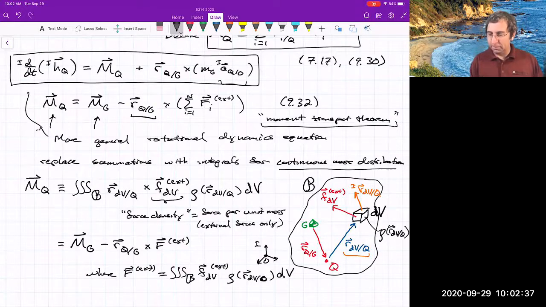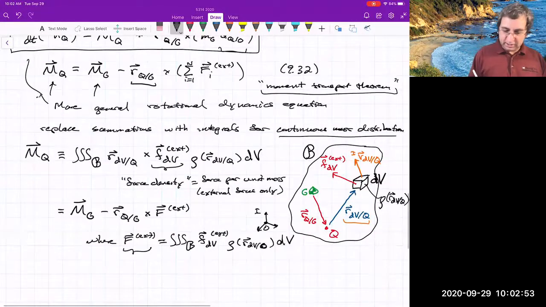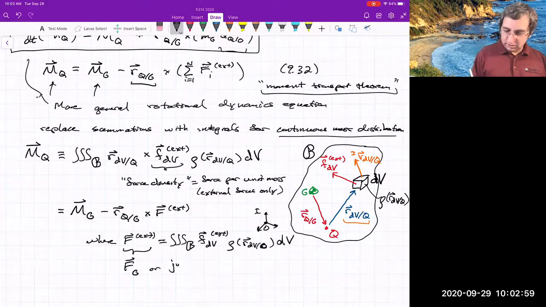We're just trying to add up the contribution due to the force density all over the place. So the force might not be uniformly affecting things. All right. So sometimes we write this F ext as just F sub G, or just F. So maybe we say also known as.